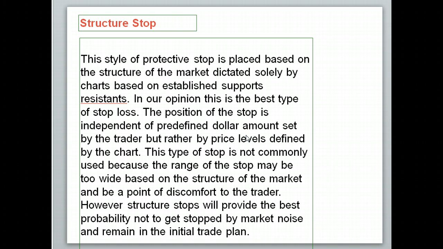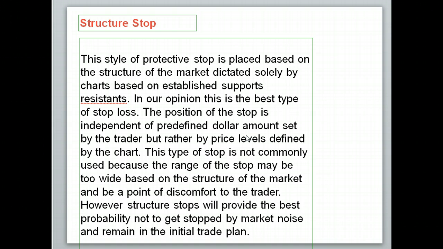What is the structure stop providing you? It is based on already established support resistance levels. You would use those critical support resistance levels to place your stop. So let's say the previous significant low that we had in the market was 15, and now the market is at 20.